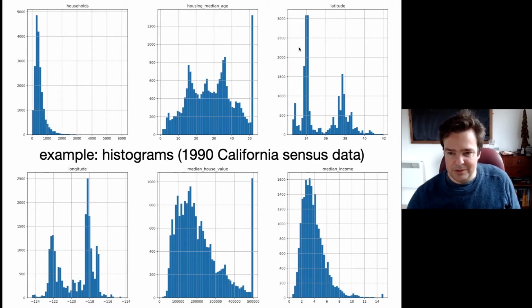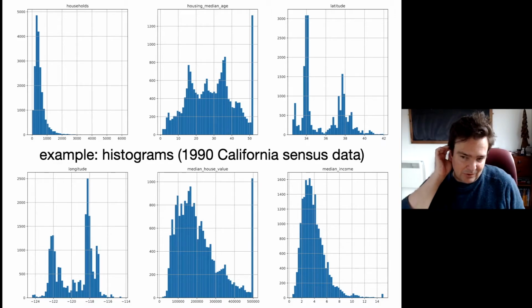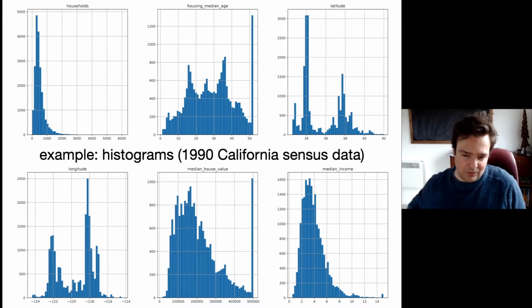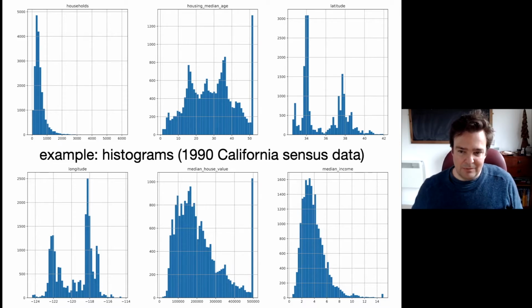These are because the population in California is concentrated most in two different cities: Los Angeles and the surrounding area, and San Francisco and the surrounding area. So you see two different lumps of longitude and latitude for where those two regions are in the state. That's the kind of spatial pattern you might look out for.